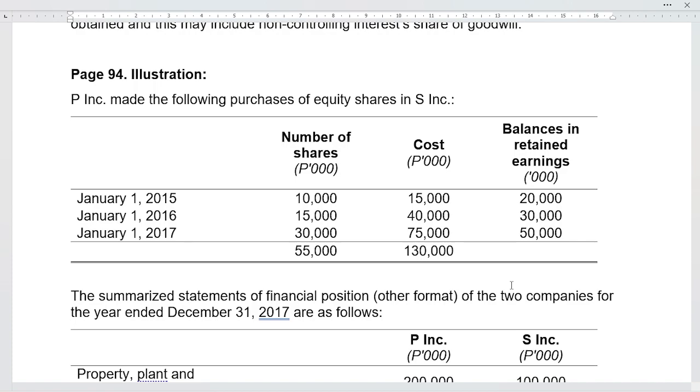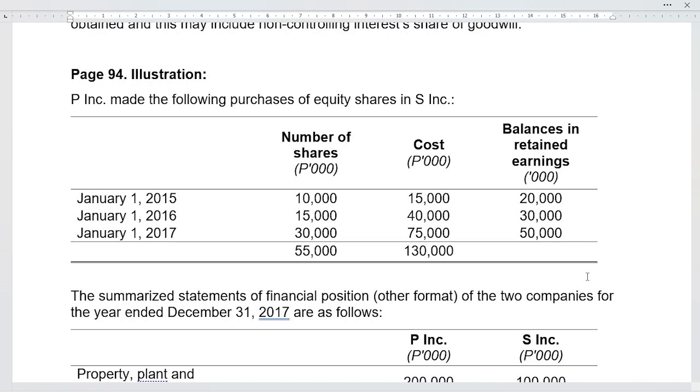Doon sa table na yan, as of January 1, 2016, ang retained earnings mo ay nag-accumulate na sa 30. Pero noong 1 year ago, 20 lang siya. So magkano in-increase? 10,000. So malinaw na yung 10,000 ay ang net income as of December 31, 2015, na yun din ang January 1, 2016.